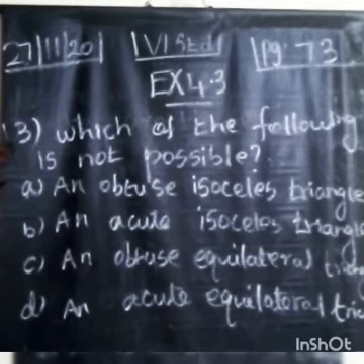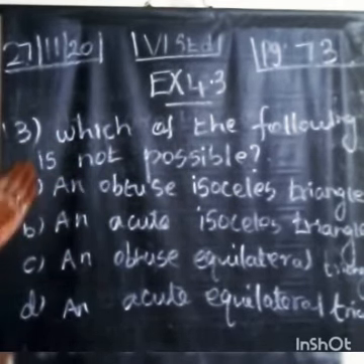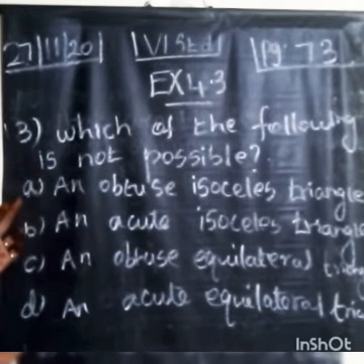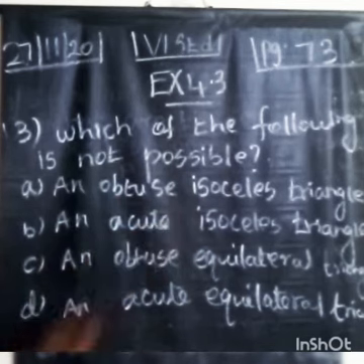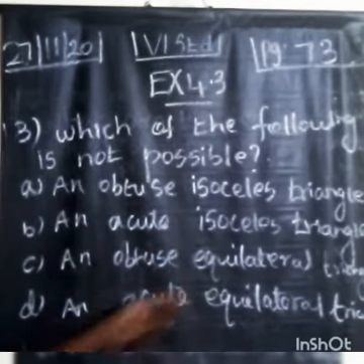The next, question number 3. Which of the following is not possible? Option A, an obtuse isosceles triangle. B, an acute isosceles triangle. C, an obtuse equilateral triangle.